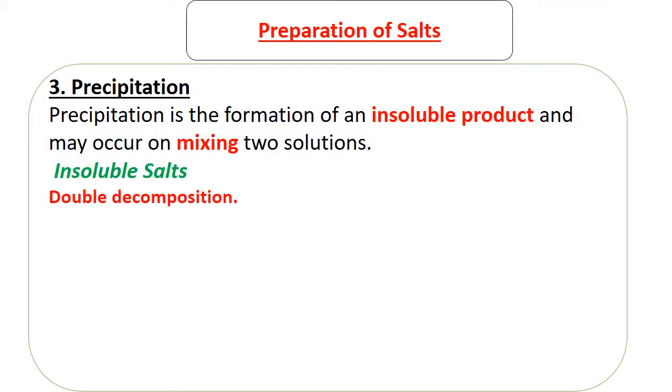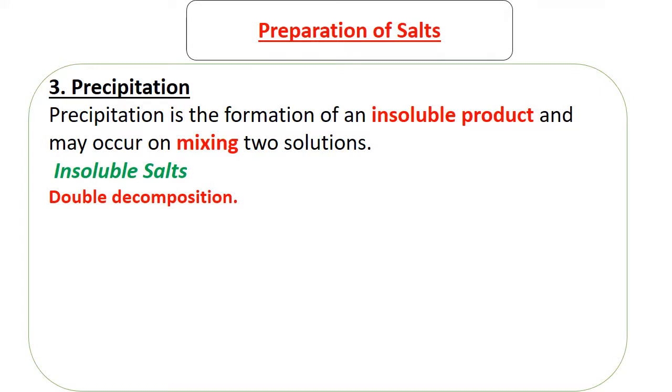So it is also called double decomposition, or it's a type of double decomposition. Remember, we talked about replacement or decomposition, where one element replaces the other in the solution. For example, if you want to prepare a salt, let's say sodium chloride, you just get sodium and hydrochloric acid.